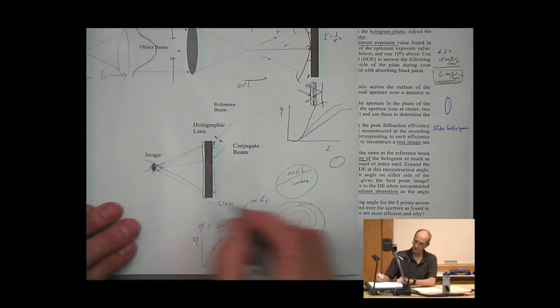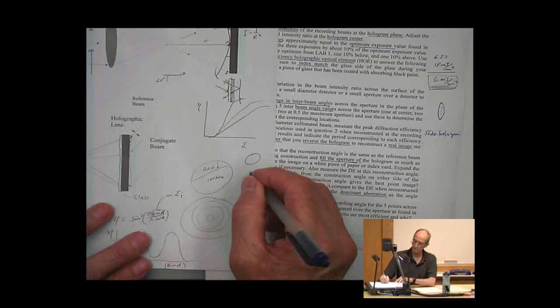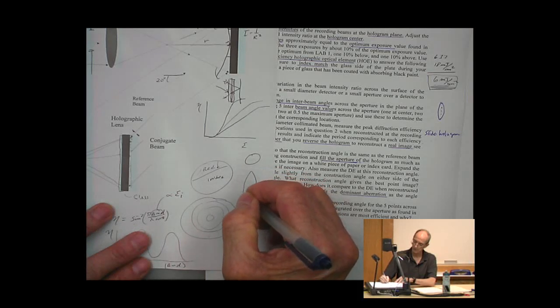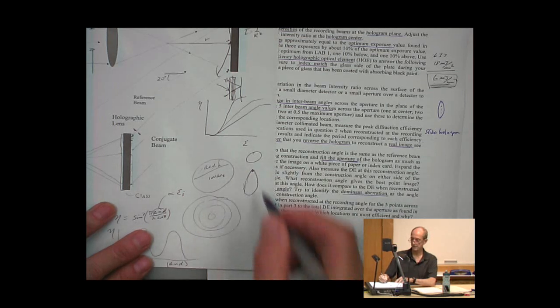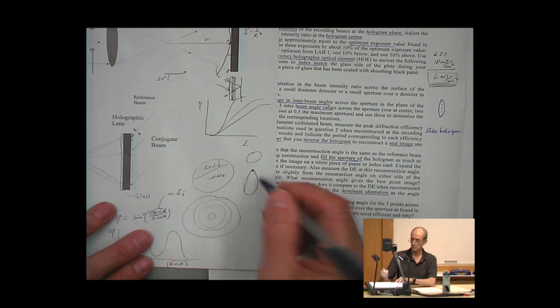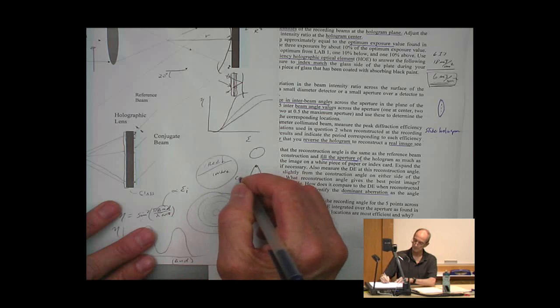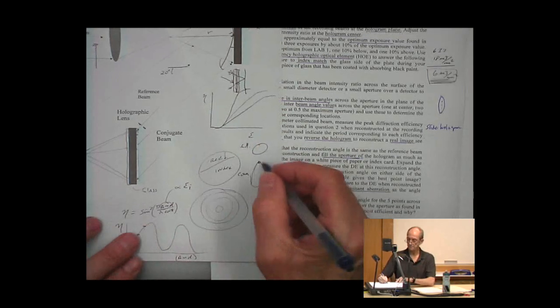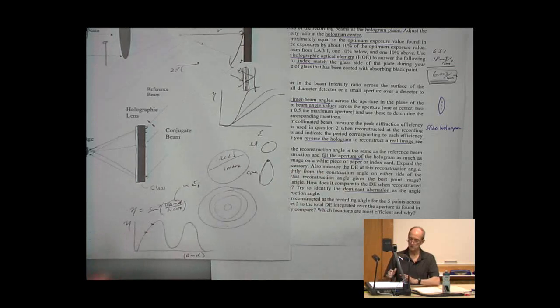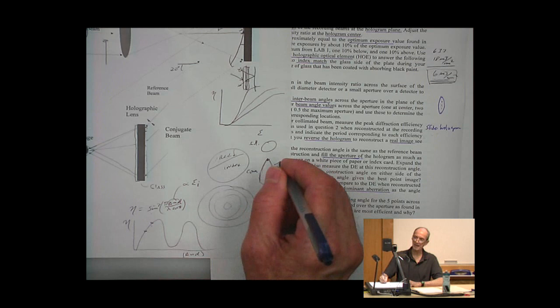And then the other one that you have is coma. Coma looks like a comet's tail. You have a lot of intensity here, and then you have a lot of spreading out there. When you tilt this, you'll probably see coma.